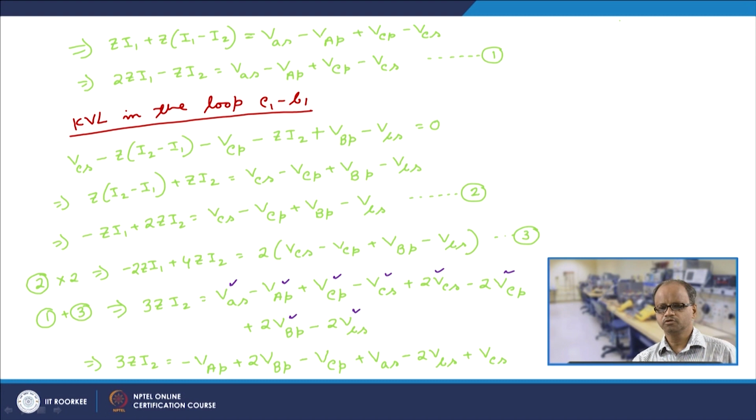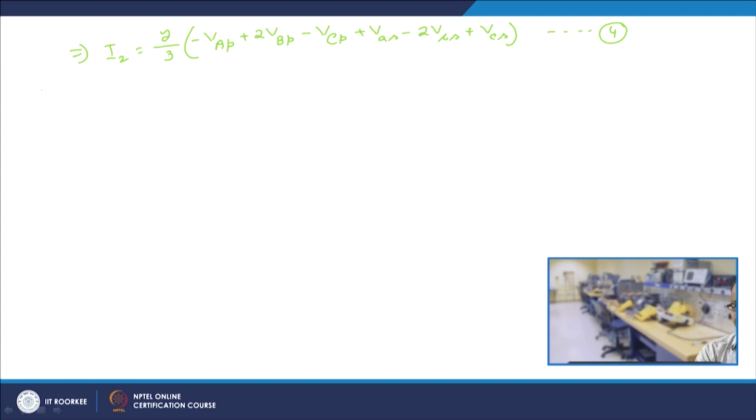Now we have to also get the expression of I1. So to get the expression of I1, what we do is we multiply equation 1 by 2. So what does it give us?